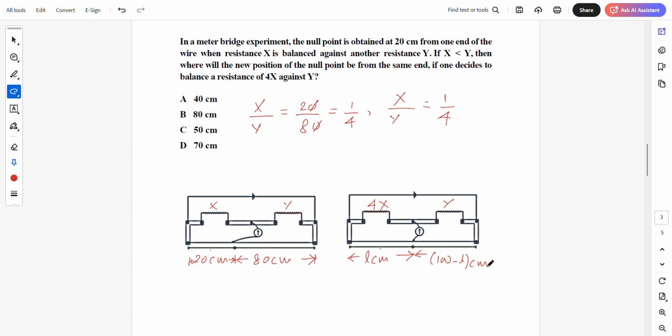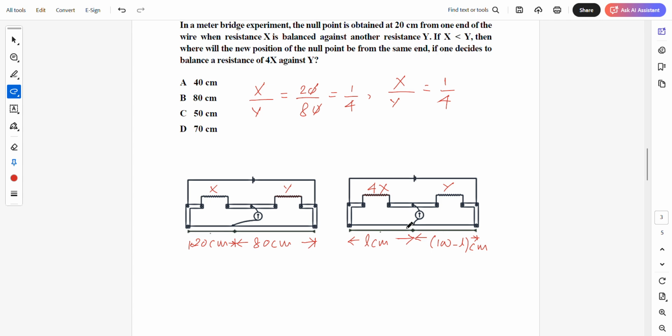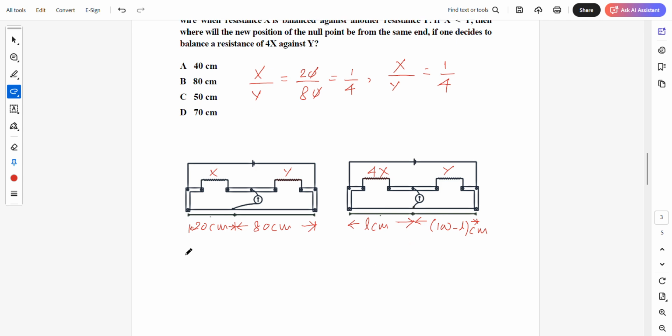Okay, 100 minus L centimeter, right? So again we use the same principle, the Wheatstone bridge principle. 4x by y is equal to L divided by 100 minus L, right? 4 into x by y, and x by y is how much?